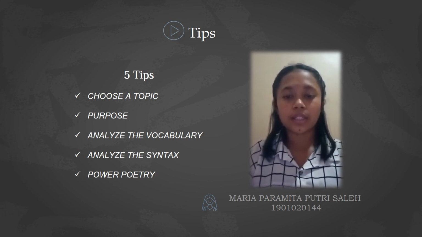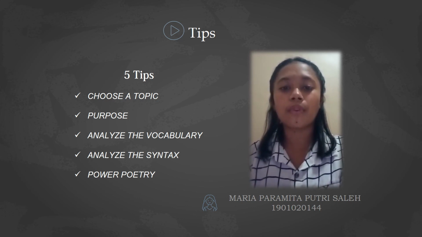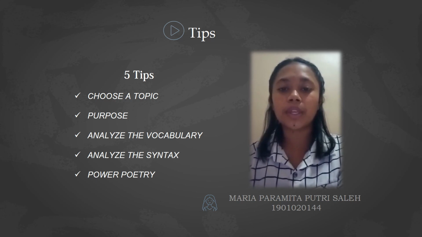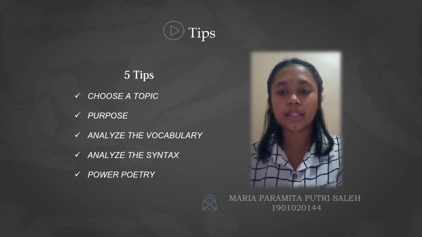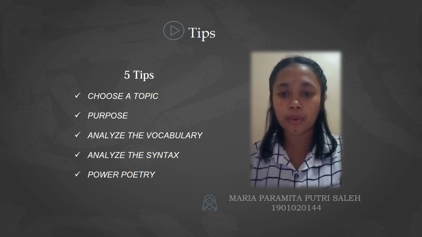The first, choose a topic. You can make a list of words that go with the topic and decide what words best help you say what you want to say. Number 2, purpose.